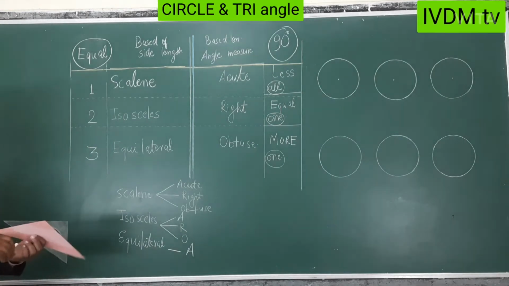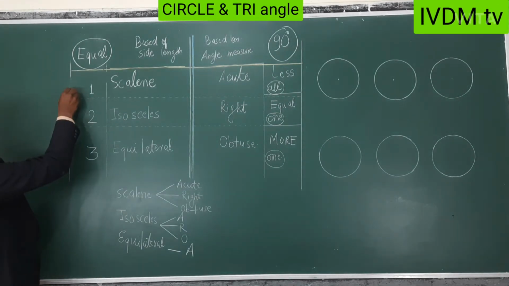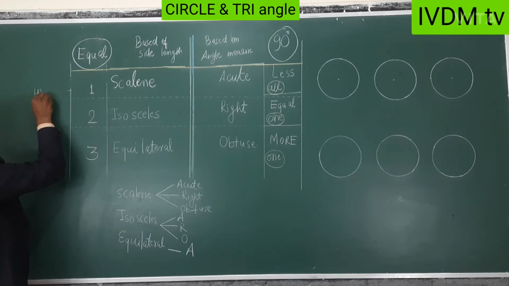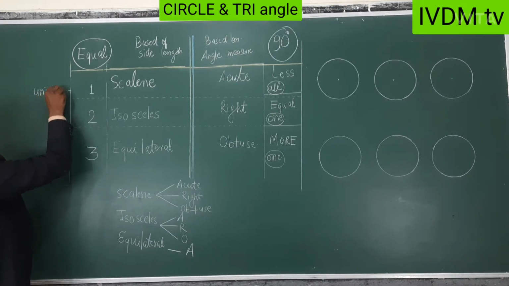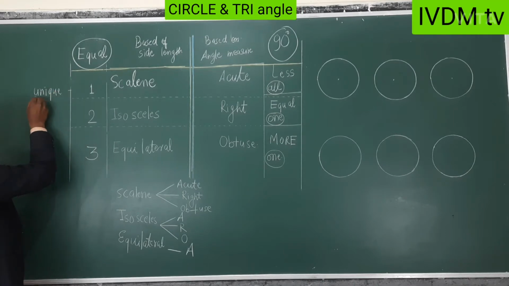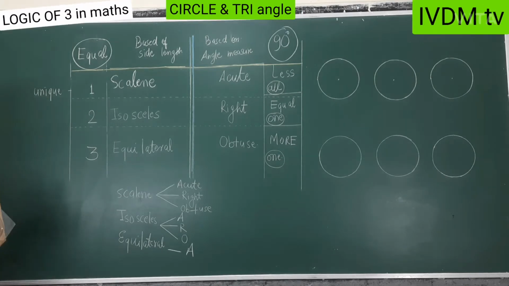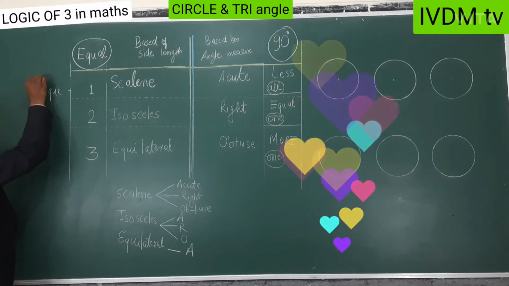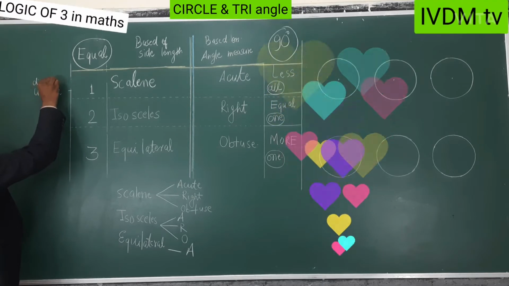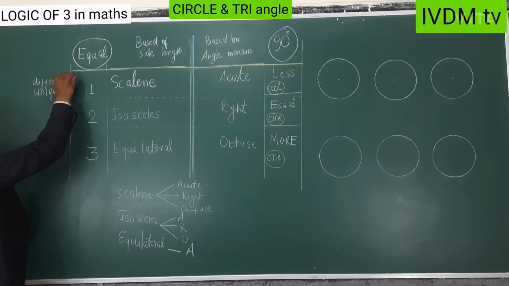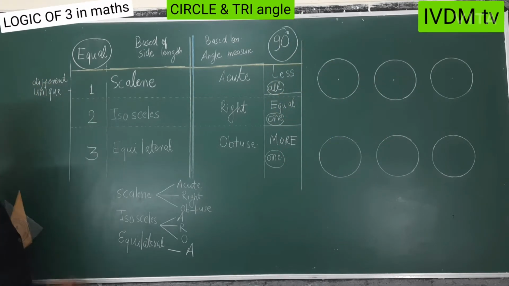One side equal means only one side is equal to itself. So all the sides are unique, means unequal. All the sides are different. Yes, unique, or you may say different. That's why I have written 1.